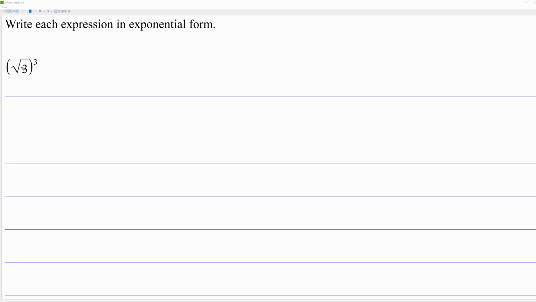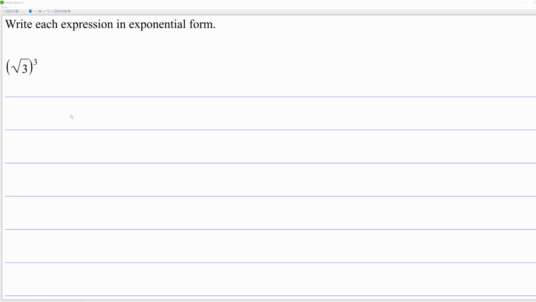So our base is 3. We're raising it to the 3rd power, and the root is a square root. There's an understood 2. So the problem we started with, written in exponential form, is 3 to the 3/2 power. So fraction exponents and roots are literally the same thing.